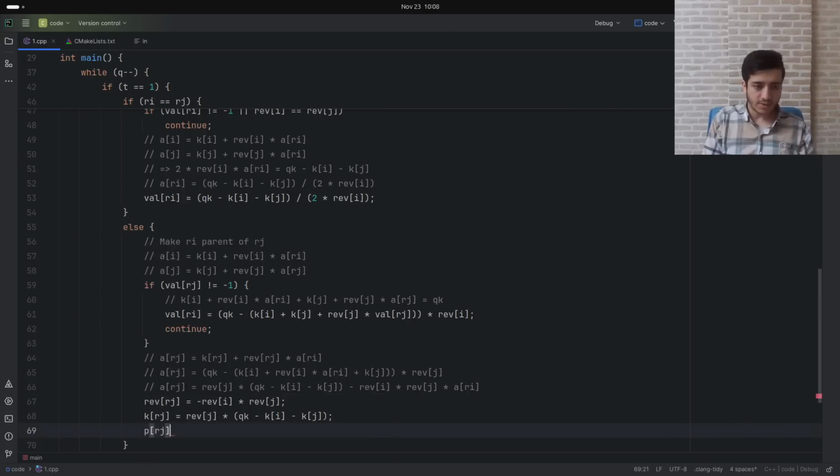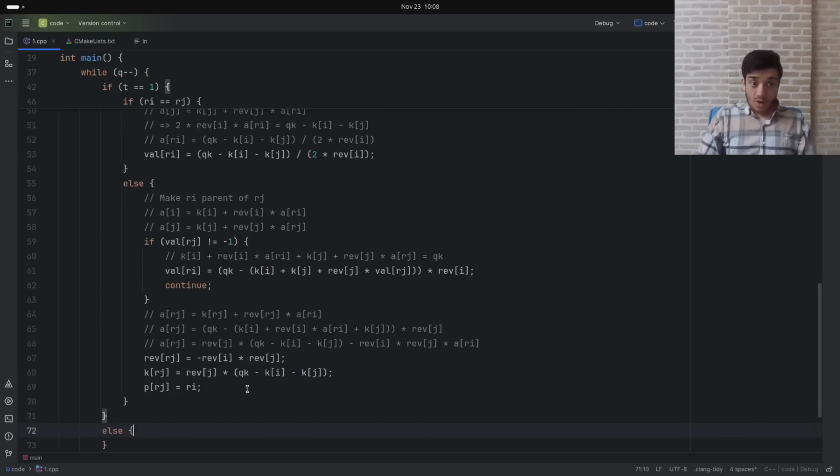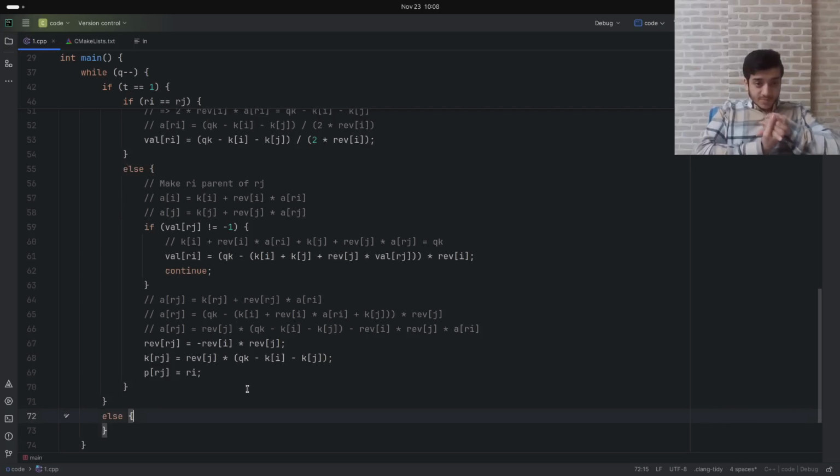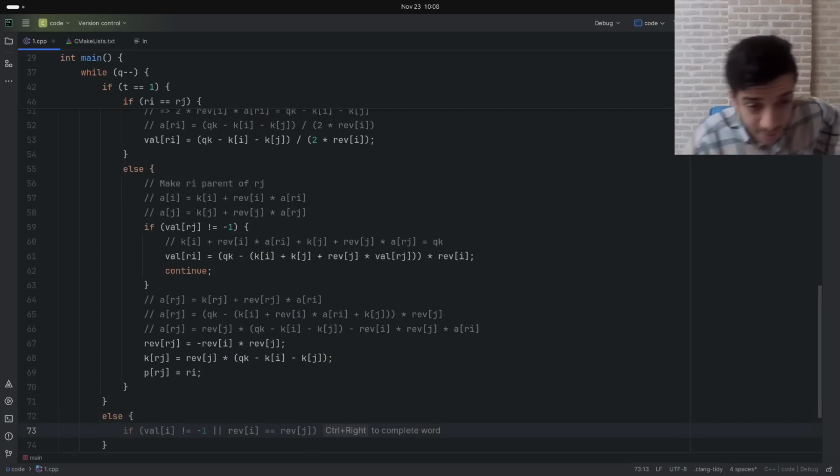And parent of rj for sure is going to be ri, and that's it. Oh guys, it was a super math problem. I didn't expect this. Okay.